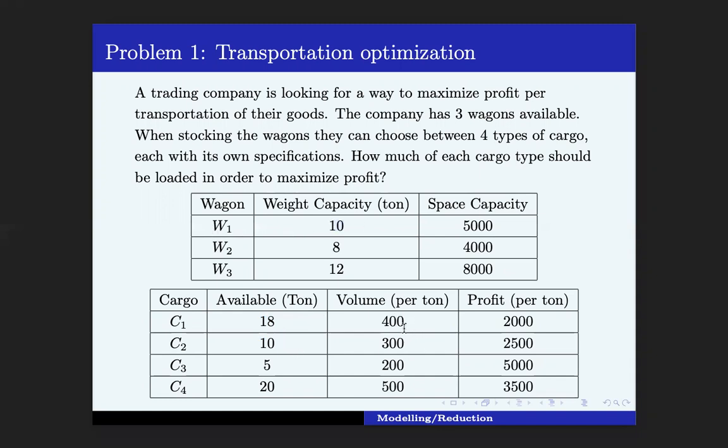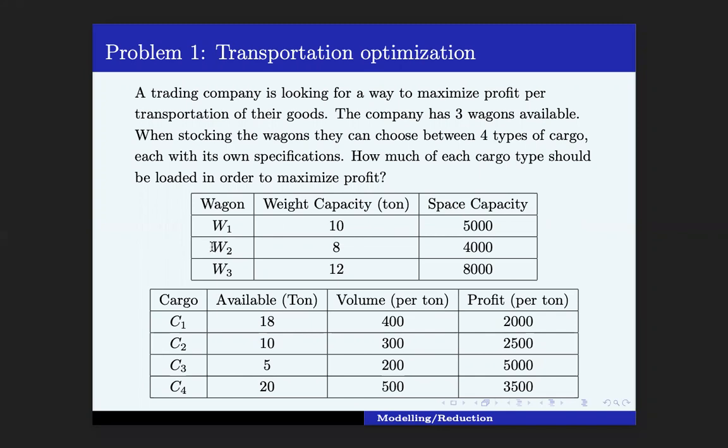The volume I will take is 5 into 400 plus 5 into 300, which is 3,500, also less than the wagon capacity. So the profit I will get from wagon 1 is 5 into 2000 plus 5 into 2500. Good, take it home.